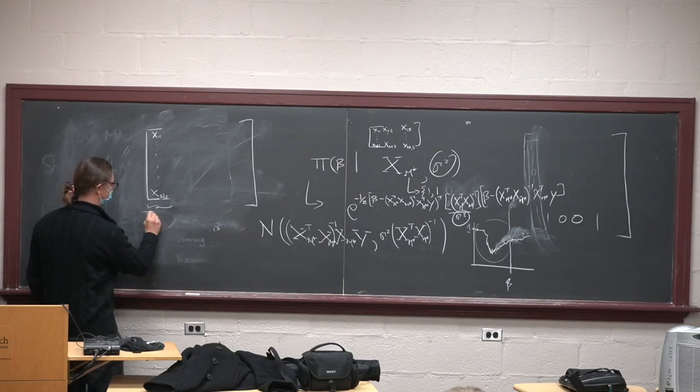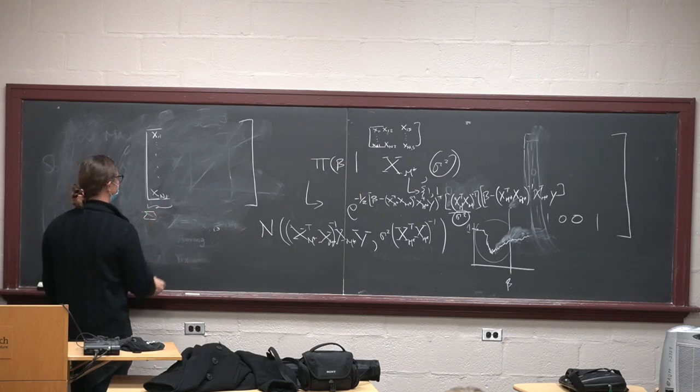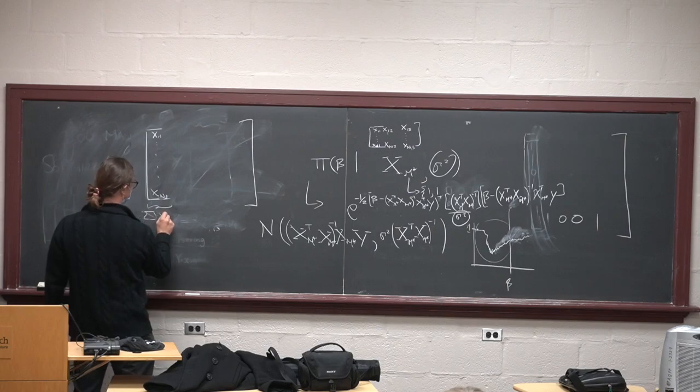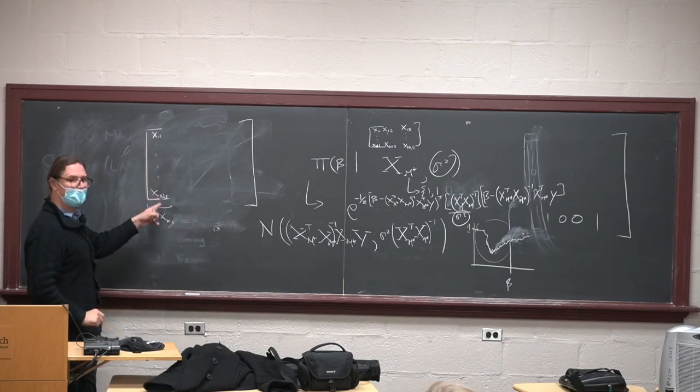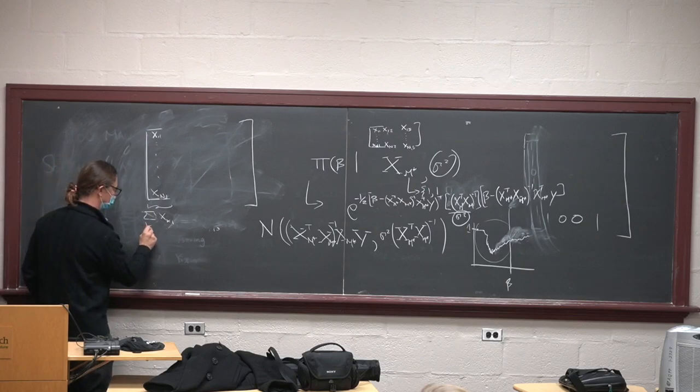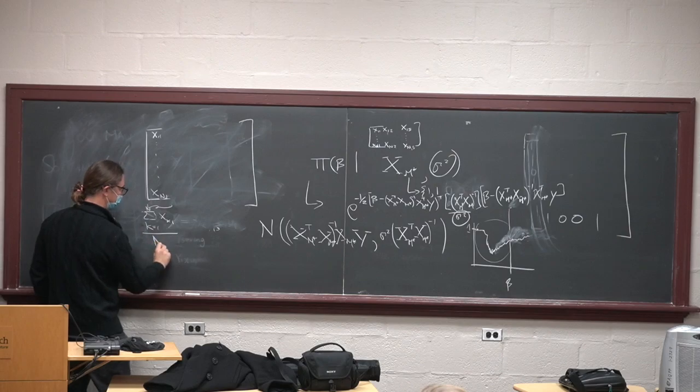I'm going to take the sum of the x_k1, where k is my index going down here, from 1 to n, and divide by n.